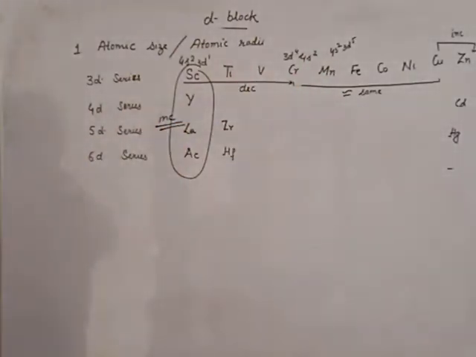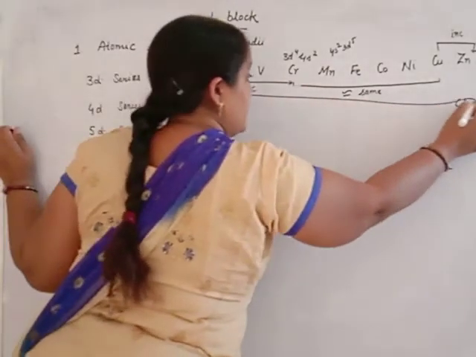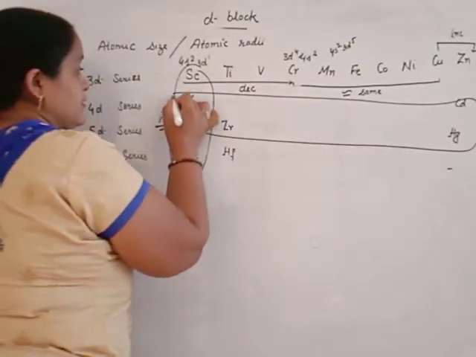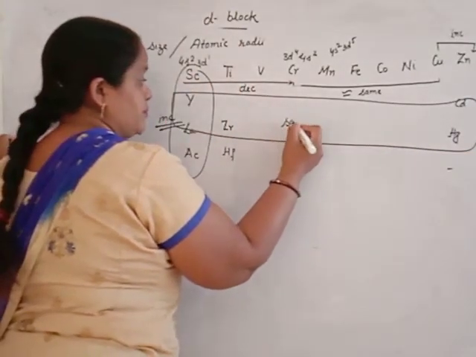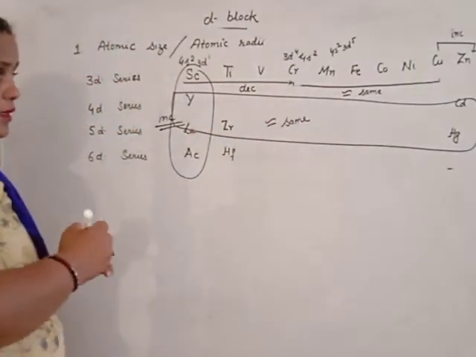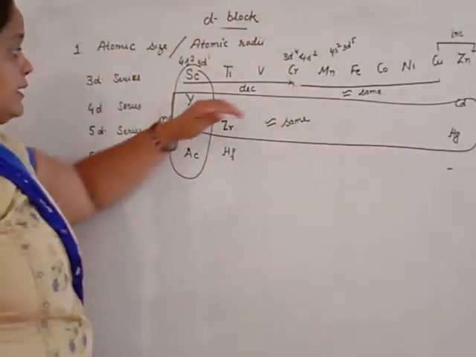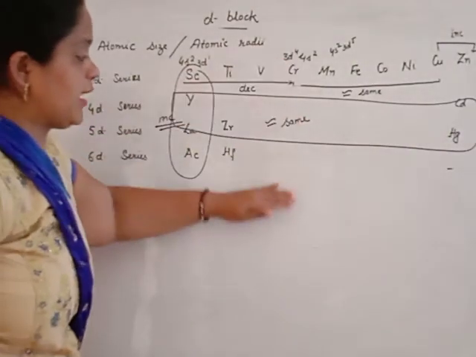For the 4th to 12th group, the atomic size of the second and third transition series is the same or approximately the same. Middle of the series same, it is okay. But for these two, down the group size increases.